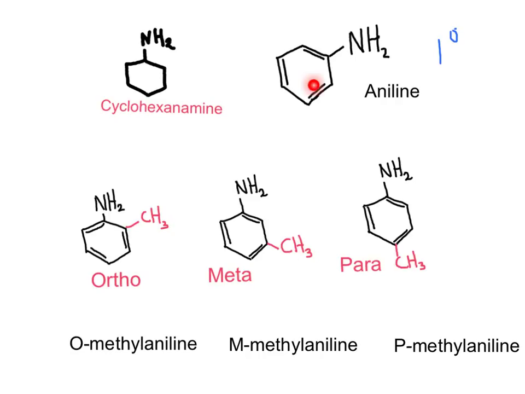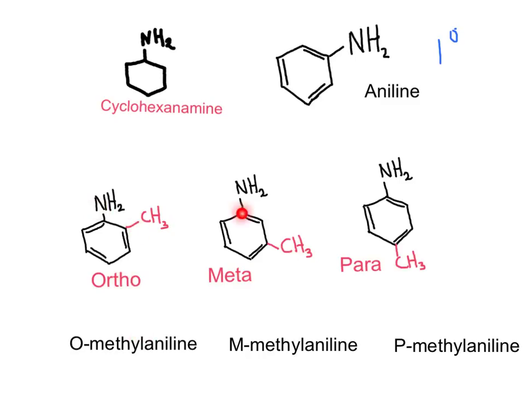When we have a second substituent in this benzene aromatic ring, we will consider that as a derivative of aniline. We remember the different positions, and when it is in the position between carbon 1 and 2, that will be called ortho or 2-methylaniline.